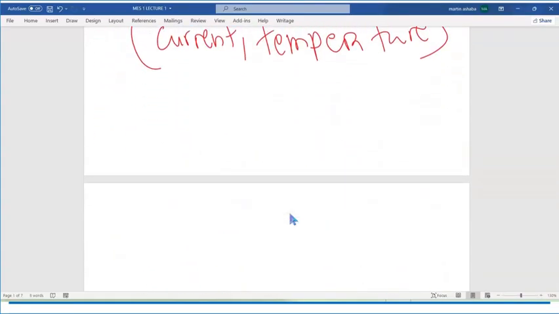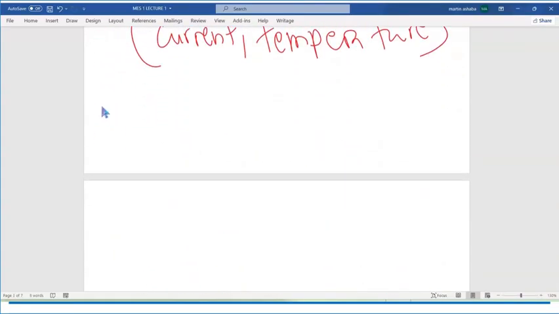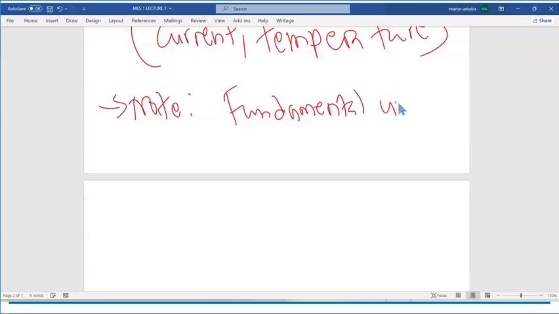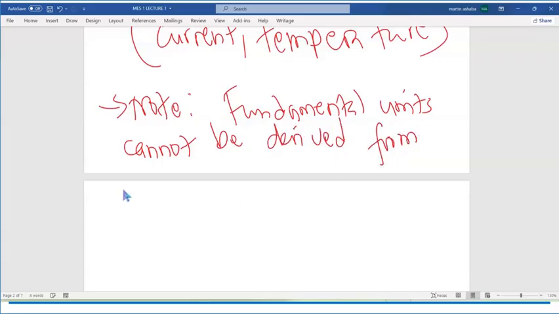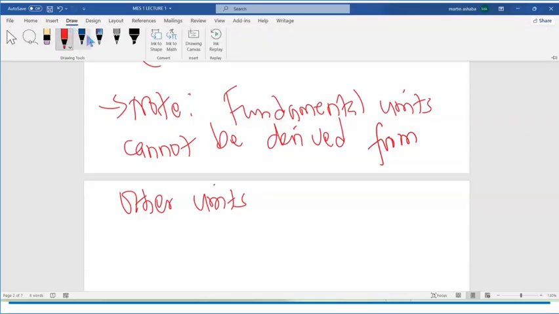In other words, you can note that fundamental units cannot be derived from other units. So that's very important to note.